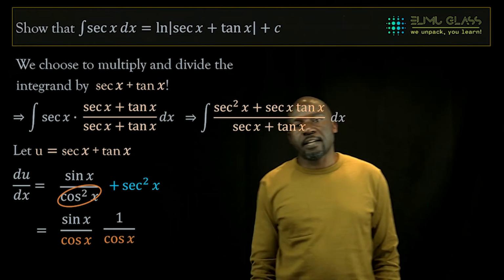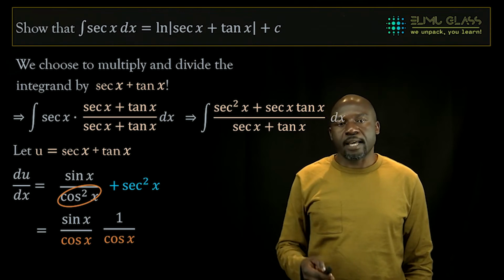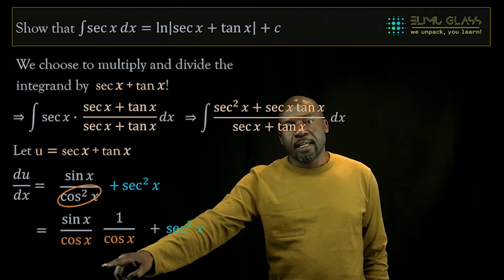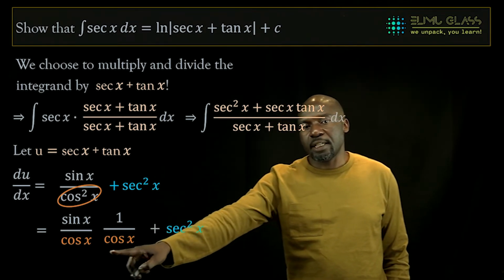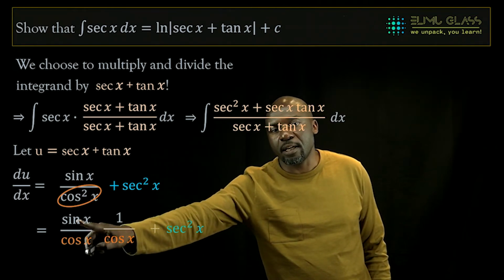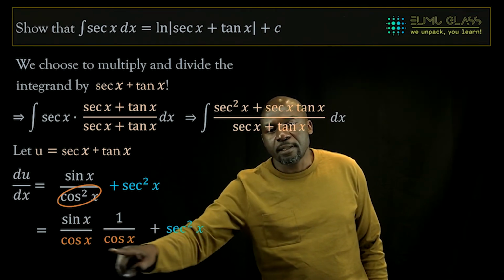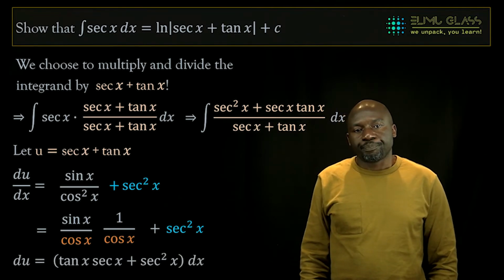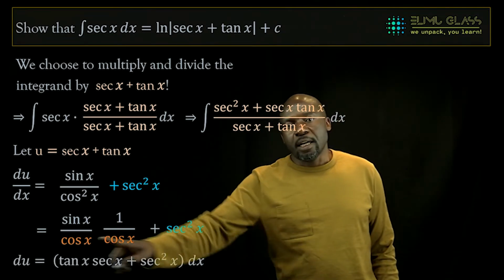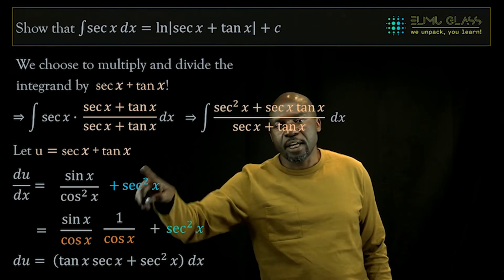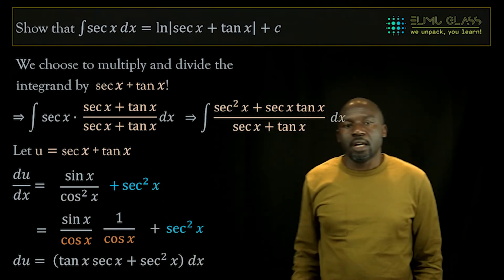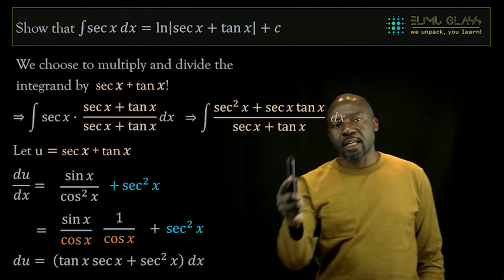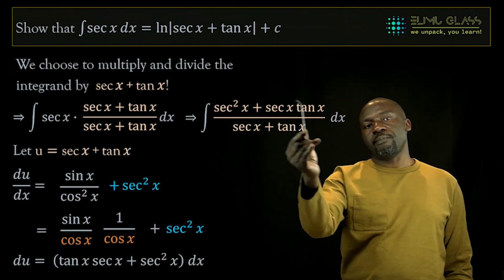Sine over cosine is tan, and 1 over cosine is sec. So we have sec tan times sec, right? Like that. And so I can move the dx to the other side. So du becomes that expression times dx, which is what we have up here.